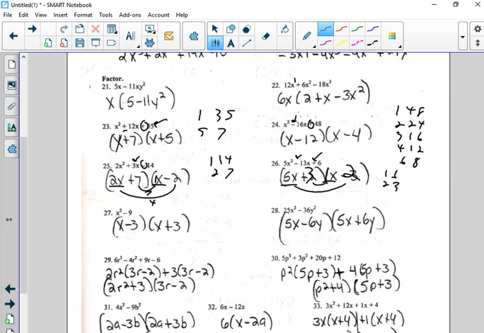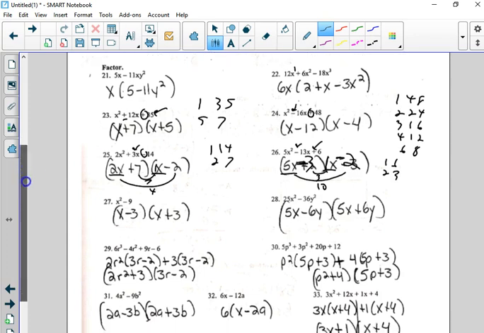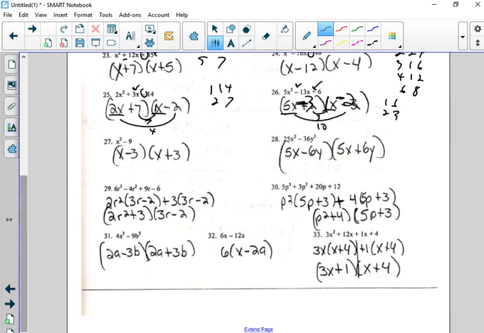And that's why you check your work. 3 times x is 3, 2 times 5 is 10, and they both are going to be negative. So it's x minus 2, 5x minus 3. Because they add to negative 13. Now, if that was a negative 6, then the original answer would have been correct. How easy a sign can change an answer.